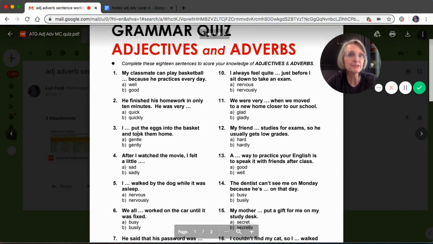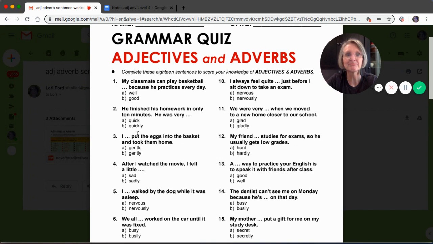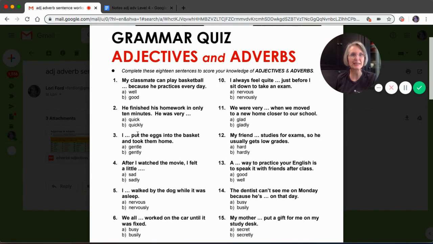This is a multiple choice. It says it's a quiz. You can just do it for practice, so no grade, no big deal. But it gives you multiple choice. So again, you have one that's an adjective and one that's an adverb. And you get to see them in sentences, which is always a good idea for English. Okay, so it's really the same idea as what you just had before.